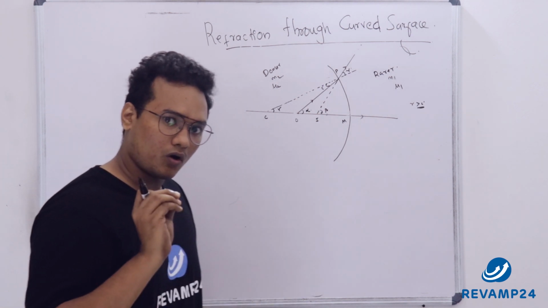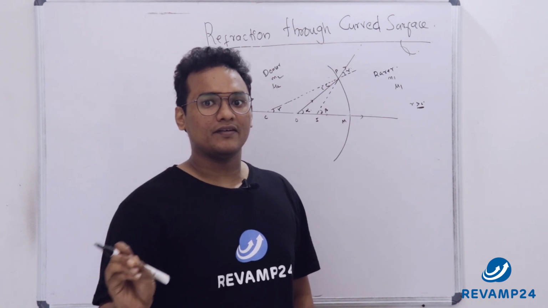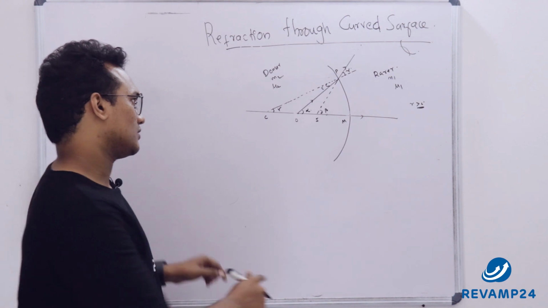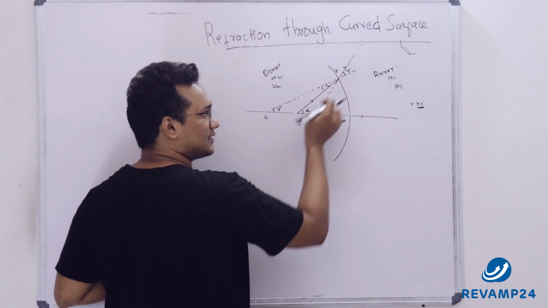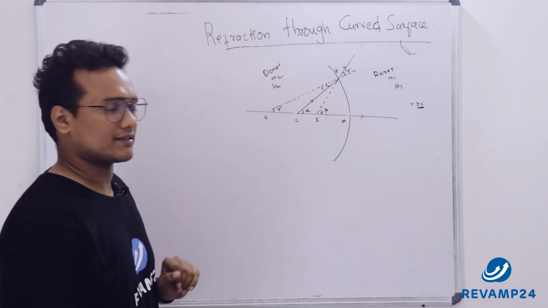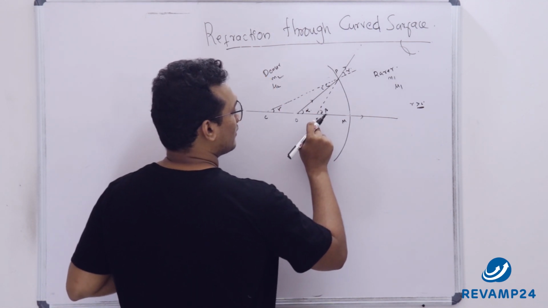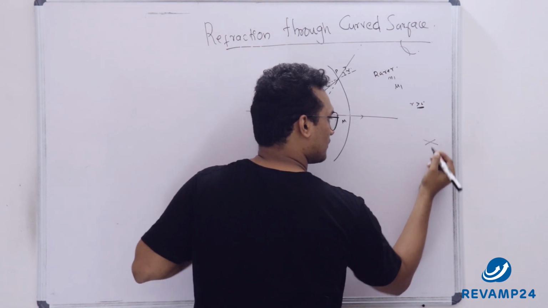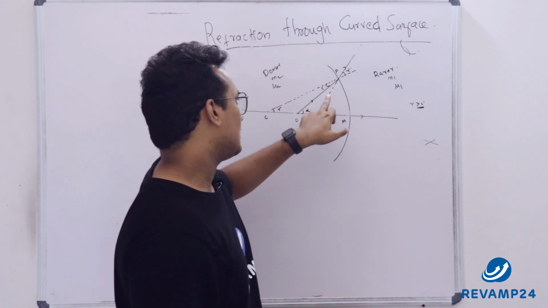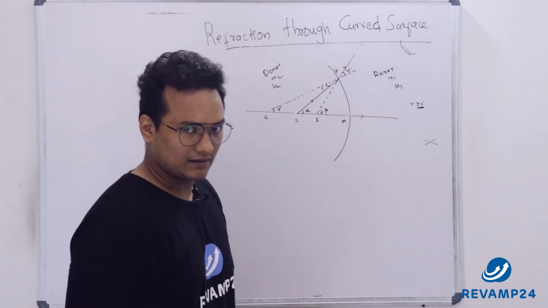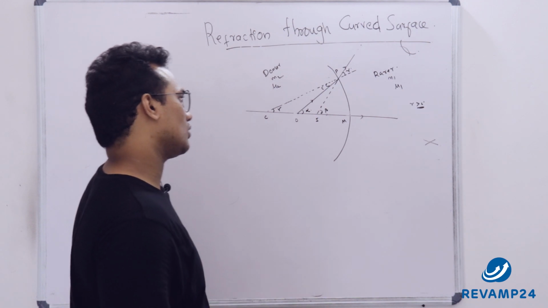A real image would be formed only when the rays are actually intersecting. So is this actually intersecting? No, this seems to be intersecting at this point. Actually they are not intersecting. So this is a virtual image here because they are not intersecting. If these two rays actually intersect in this way, then I can say that it is a real image, but here it is a virtual image.